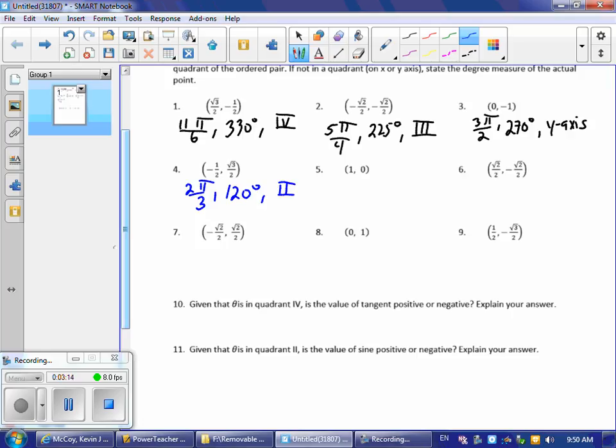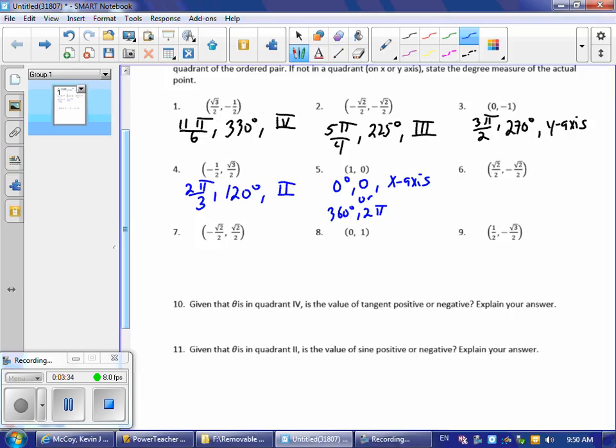So that's going to be 0 degrees, 0 radians, and that's on the x-axis. Or it could also be 360 degrees when it comes all the way back around, or 2 pi, still on the x-axis. So that one could actually be either or.